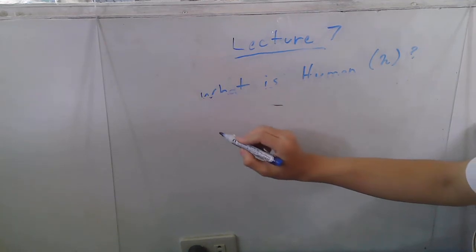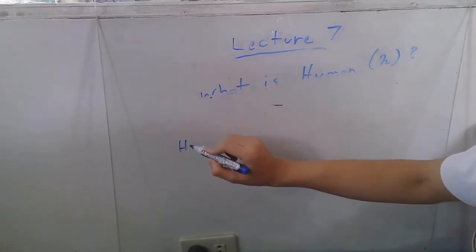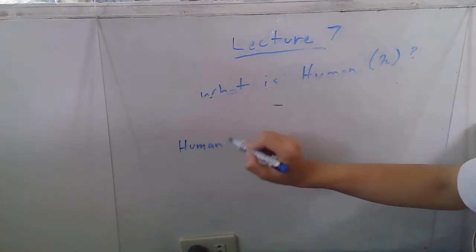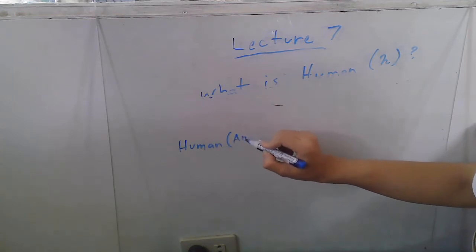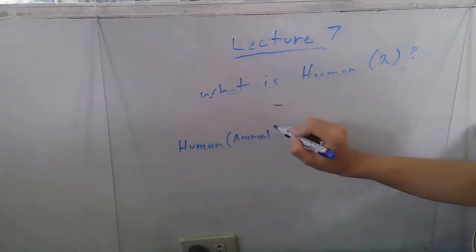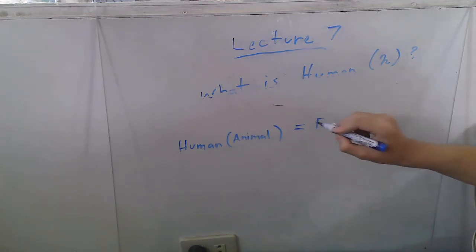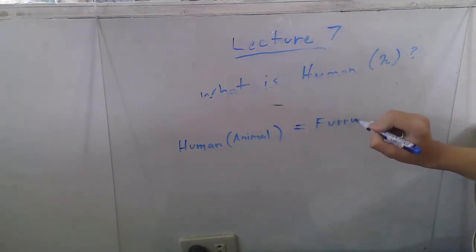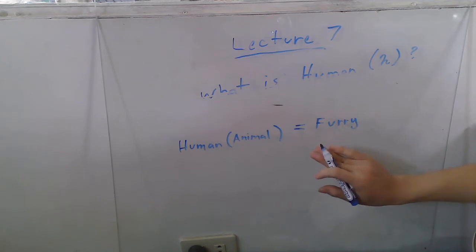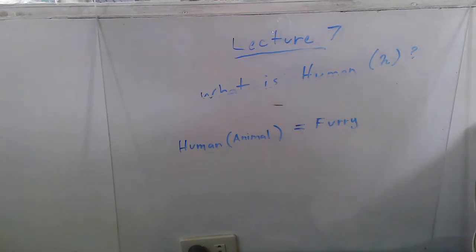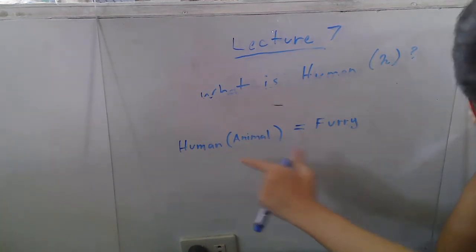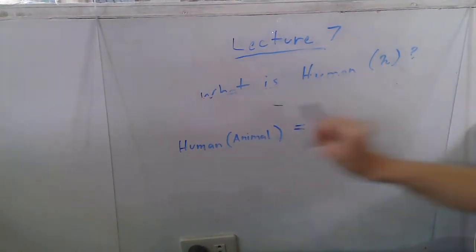So if we were to input the animal into human, we would get the furry, because of anthropomorphizing, turning it into human. So it turns an object into human form.